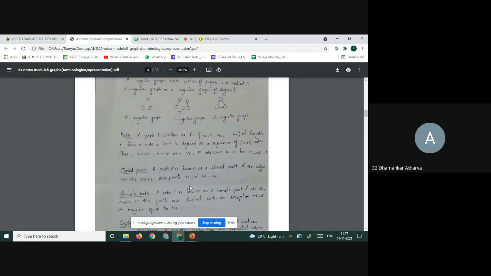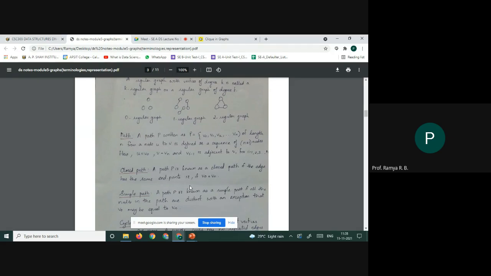Yes, ma'am. Okay. Next terminology is path. We have also discussed path in relation to tree. It's the same meaning over here. What is a path? A path is a path from one source to a destination node, right? The path that you take from a source node to a destination node is what is called a path.